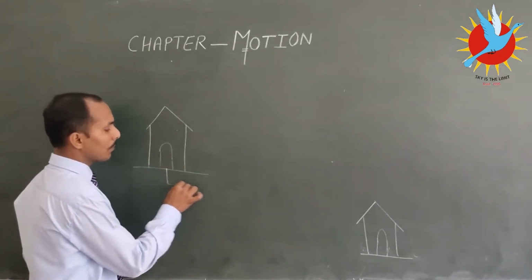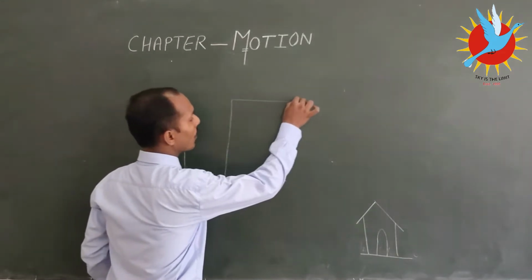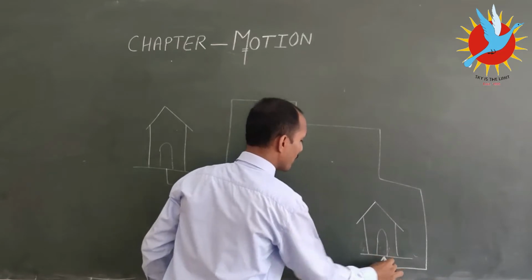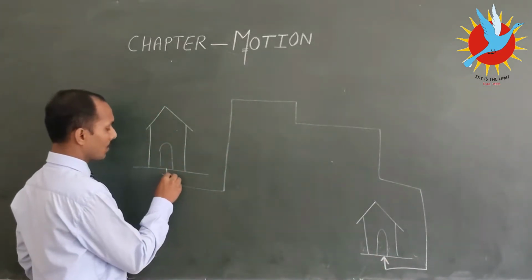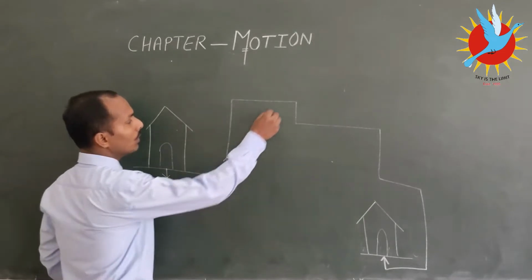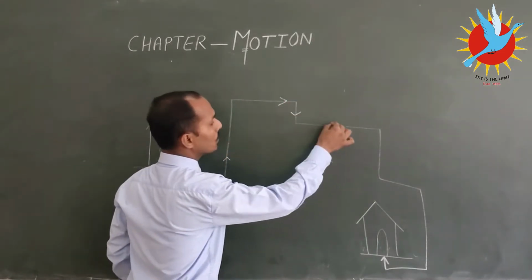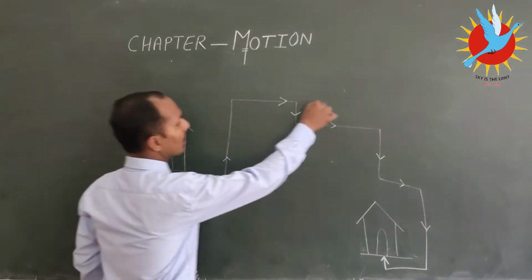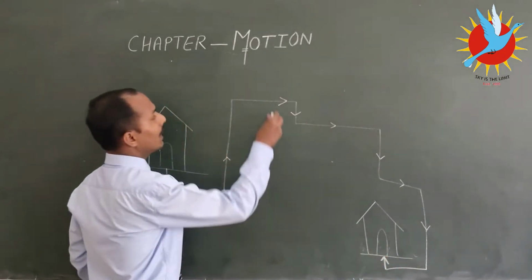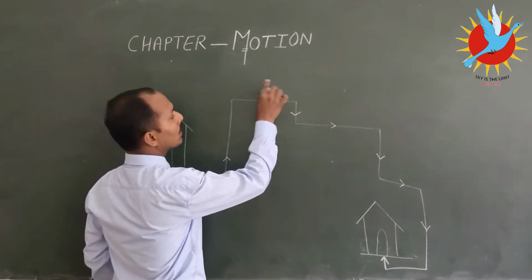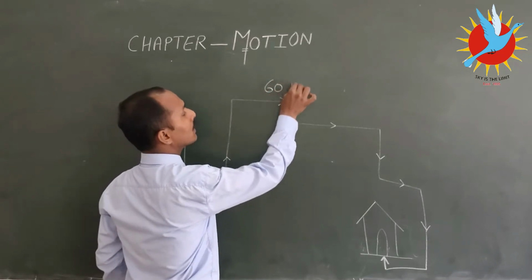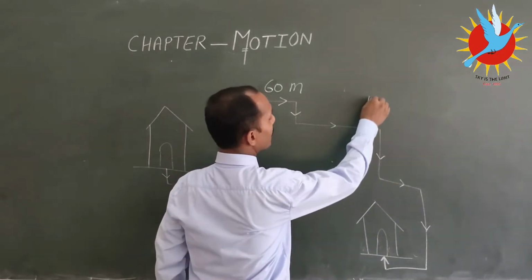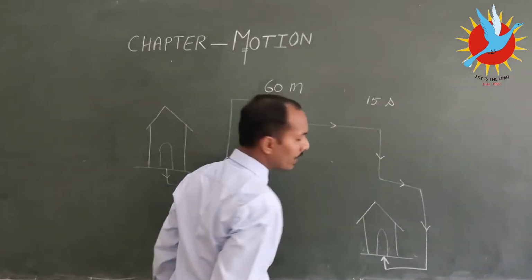So you follow some path, and after that you reach your friend's house. Suppose the total length of the path is 60 meter, and you cover this path in 15 seconds.